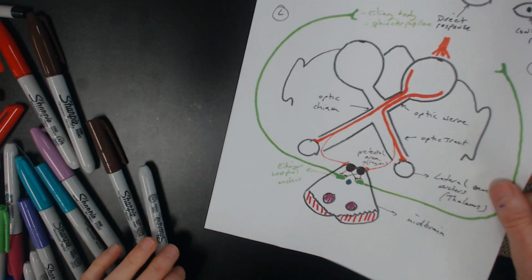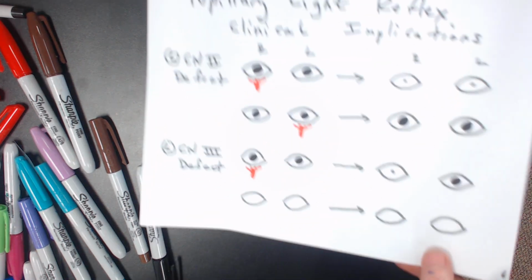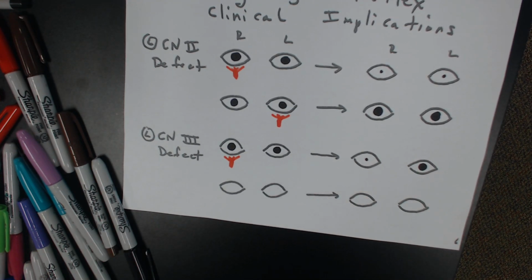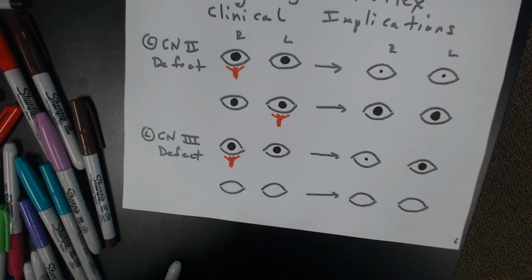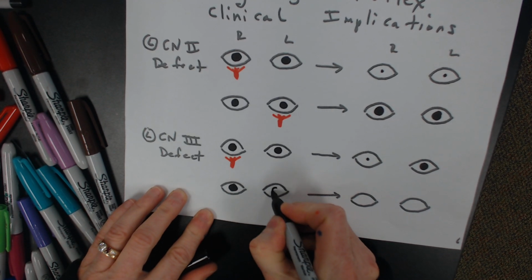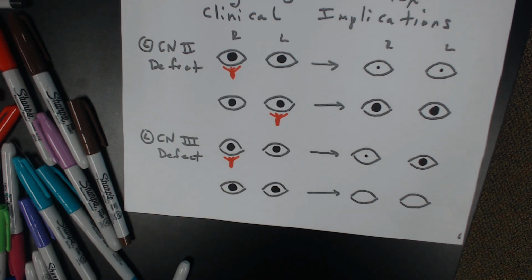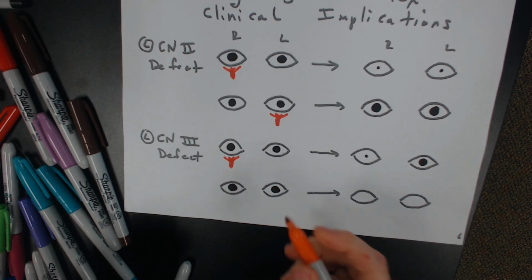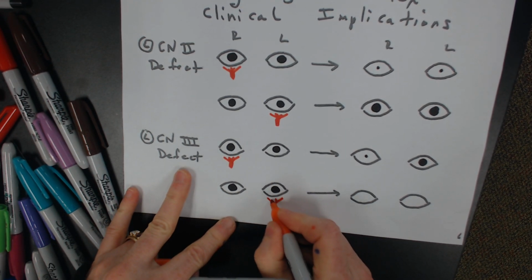Okay, let's see what happens if we shine the flashlight in the left eye with a left cranial nerve 3 defect. Start out with your pupils great big in dim light. Shine the flashlight in the left eye.